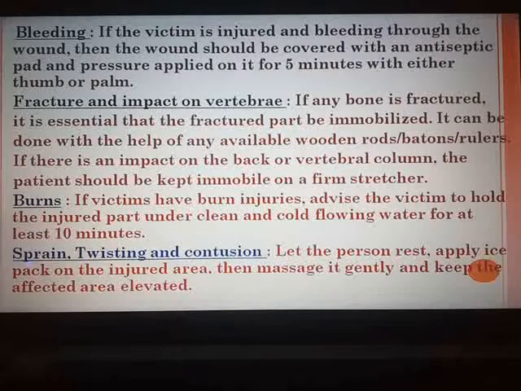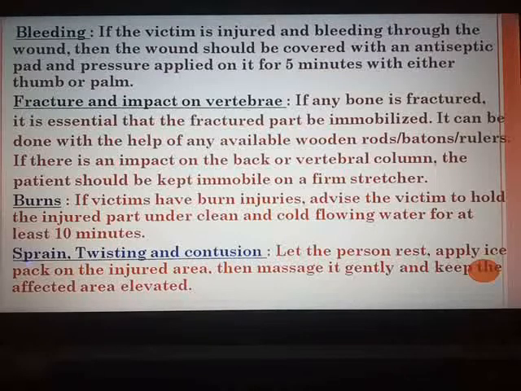Or what first aid you will provide to a person who has become unconscious during a disaster? So if such type of questions are asked, then that part of the answer only you will write.